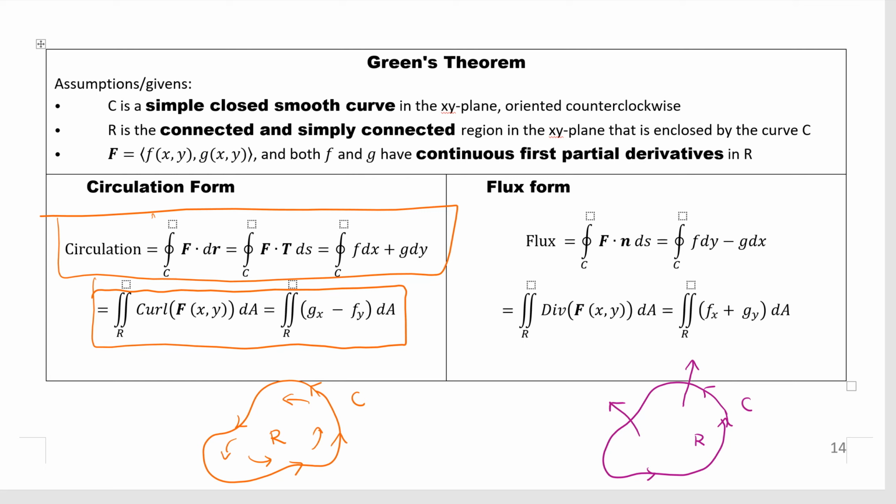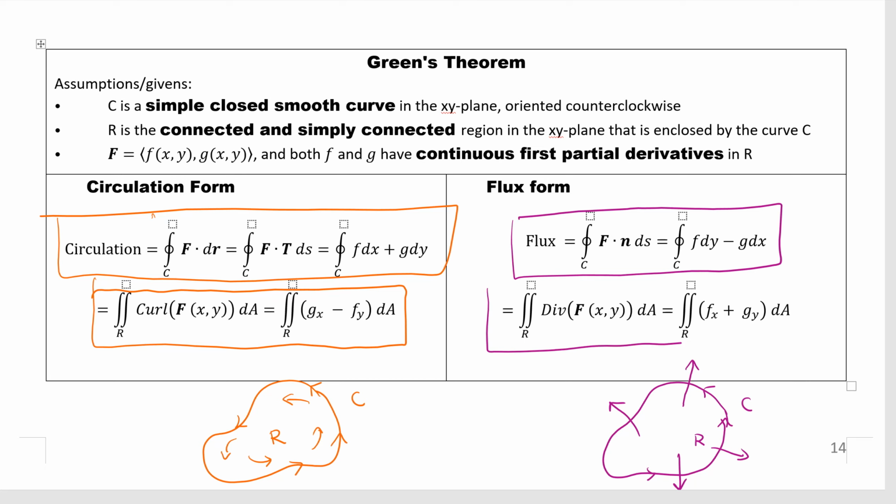Because C is oriented counterclockwise and is a closed curve, this is the same as measuring the vector field flowing out. Flowing out is a property of divergence. That's why the flux integral equals the double integral of the divergence over the region R. So far, so good?